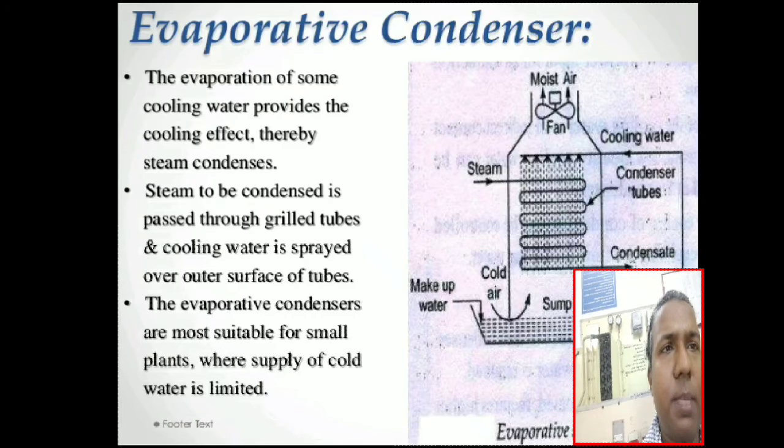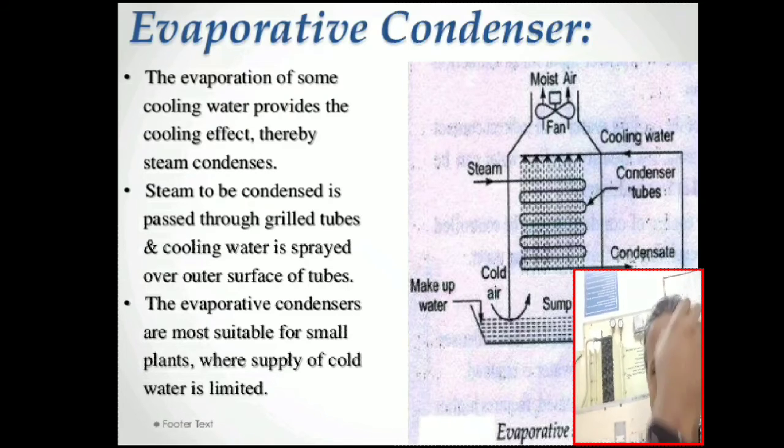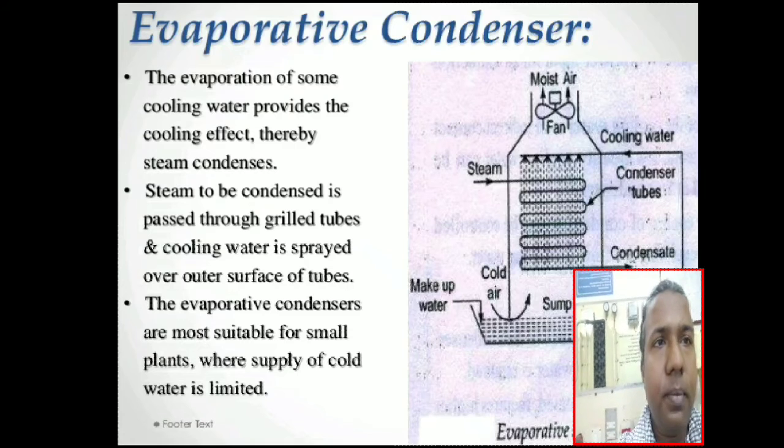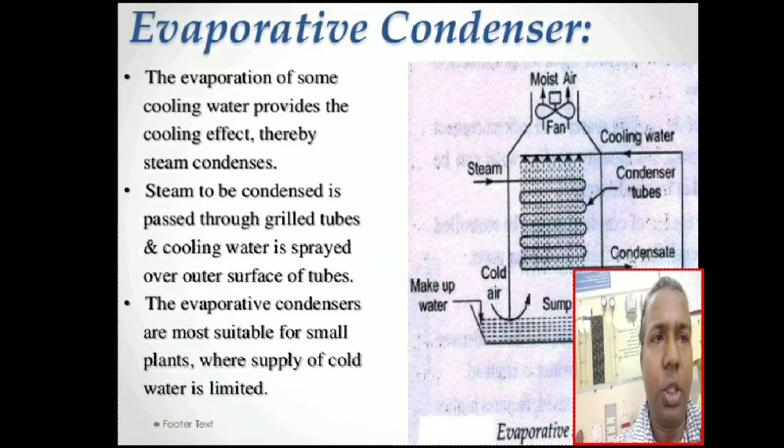When the cooling water is sprayed on these tubes, the hot steam in the tubes gets condensed, and the cooling water provided on these tubes gets converted into vapor form, and these vapors escape in the upward direction. So that's why it is called an evaporative condenser.